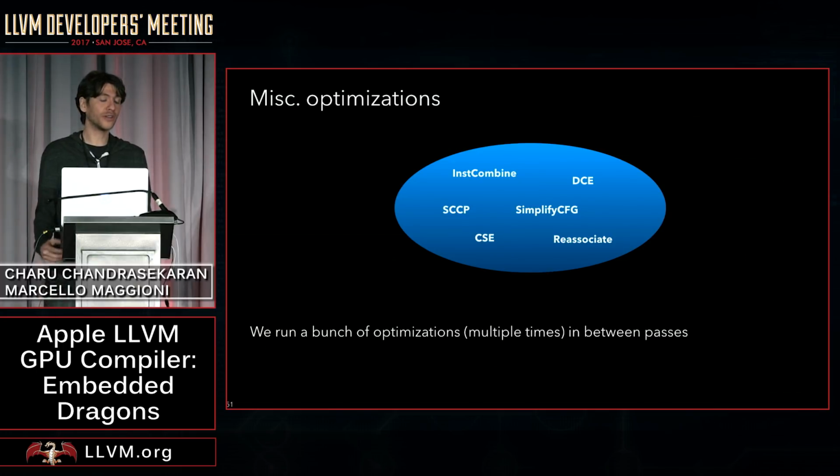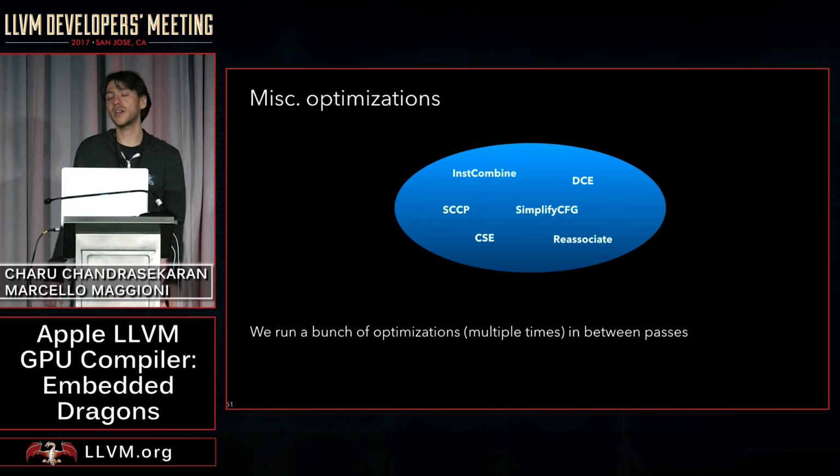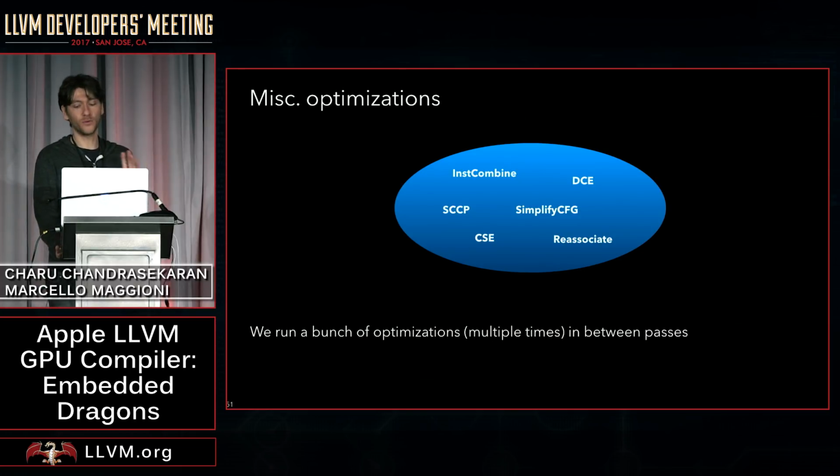Another very important pass for us is reassociate, which is key because most of our computation is floating point, and we have fast math most of the time. So we can do mathematical reassociation, and that usually removes a lot of computation from shaders.